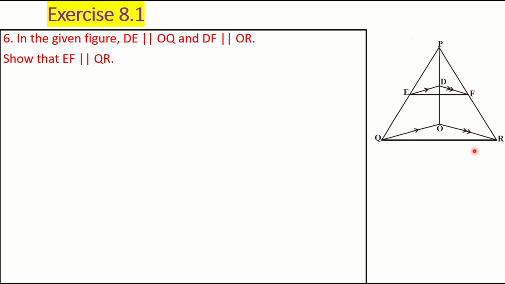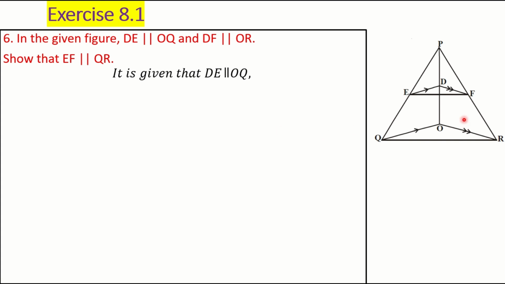If you remove the base, you will have three slanting triangles. On each triangle, you have a parallel line drawn, and all the parallel lines are meeting at the same level. This is given. Show that EF is parallel to QR. We have to prove that EF is parallel to QR.